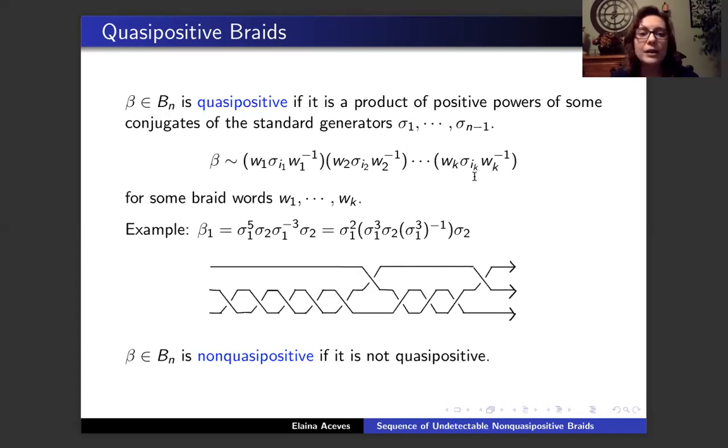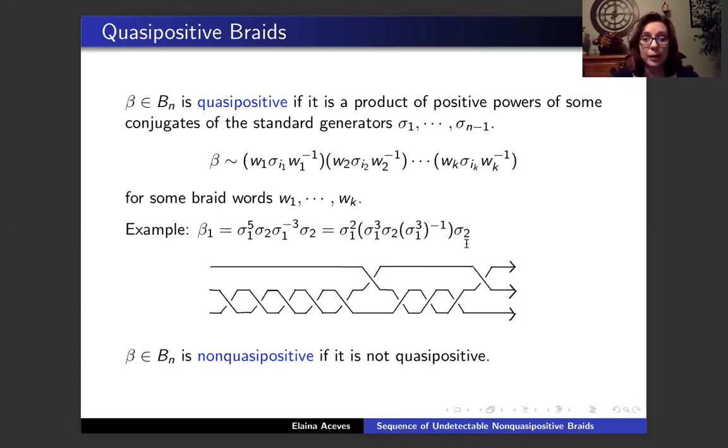Below here, I have this example, beta 1. Notice at first we might not see it's quasi-positive, but when I introduce these parentheses and really reinforce that we have sigma 1 cubed and here's sigma 1 cubed inverse, while the other two of the words have positive powers, we can see that beta 1 is in fact quasi-positive.